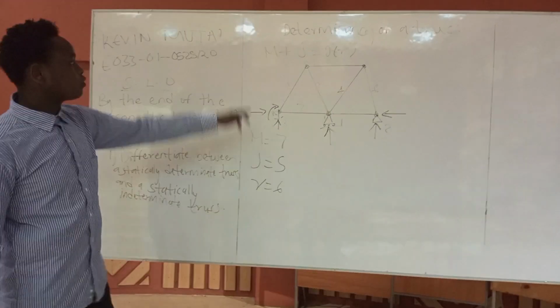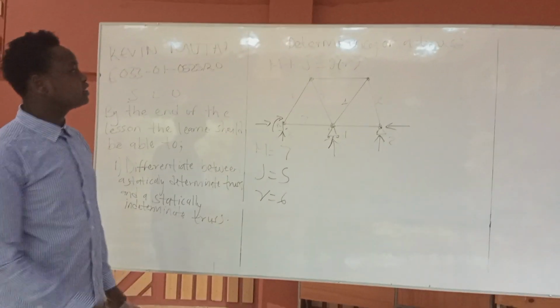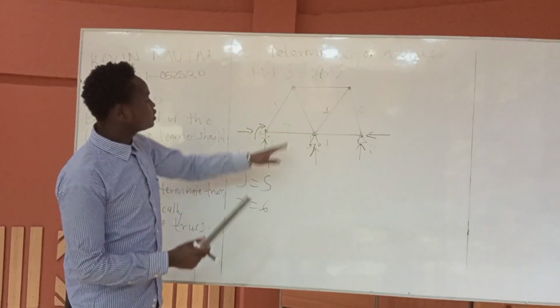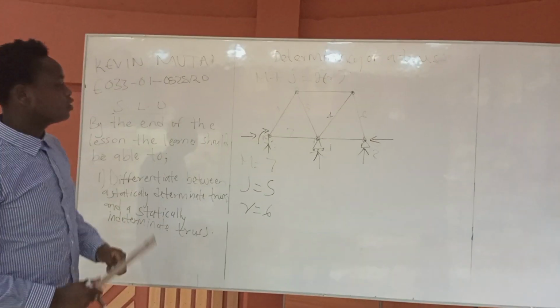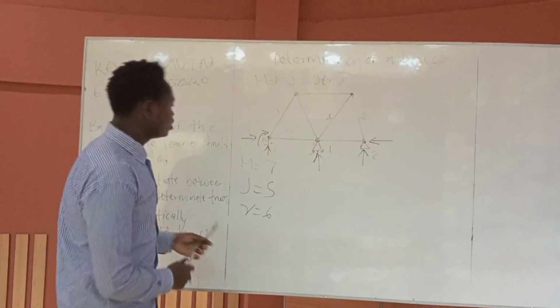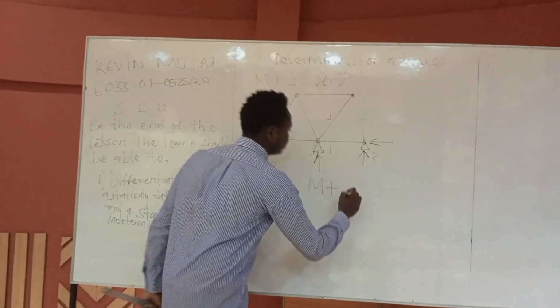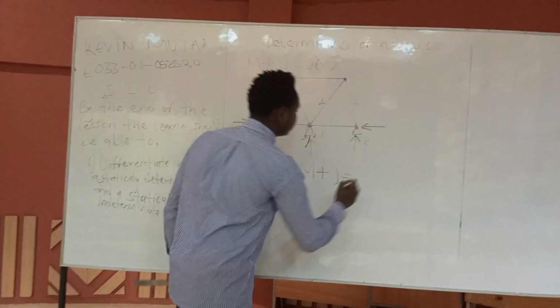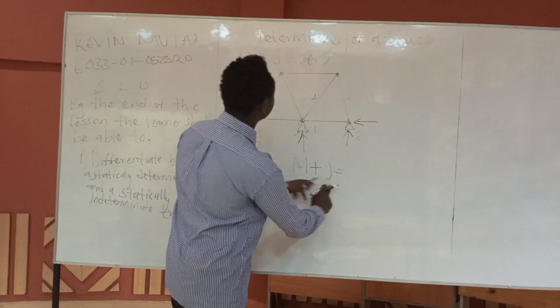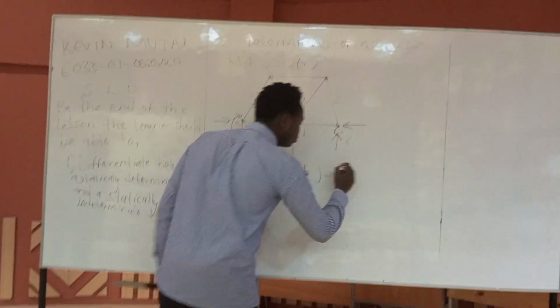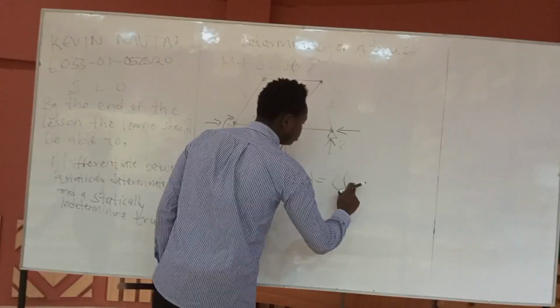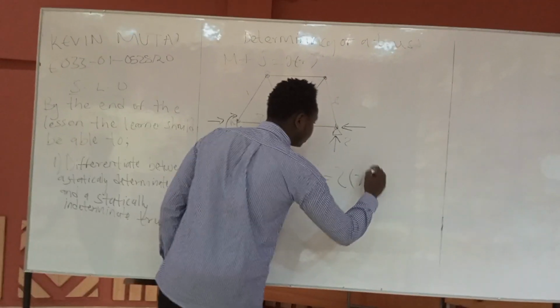So from our formula, we can determine if this truss is determinate or indeterminate. The number of members added to the number of joints should give us 2 times the number of reactions.